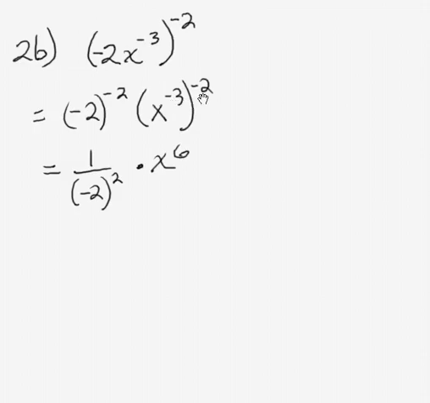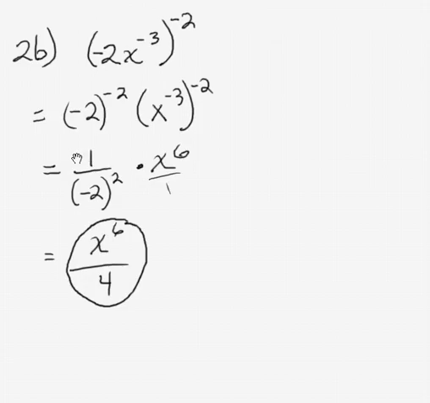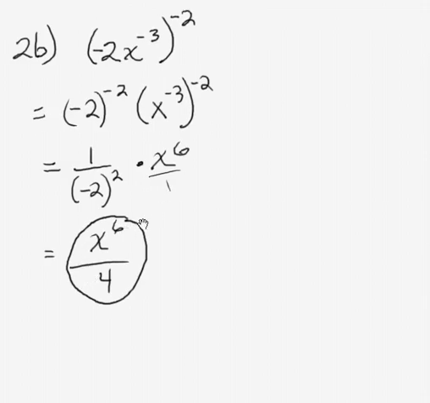So negative 3 times negative 2 is positive 6. So I have x to the 6th over 1 times 1 over negative 2 quantity squared. But let's keep simplifying that. That gives us x to the 6th in the numerator. And negative 2 times negative 2 is positive 4 times 1, which is positive 4 in the denominator of example 2b.